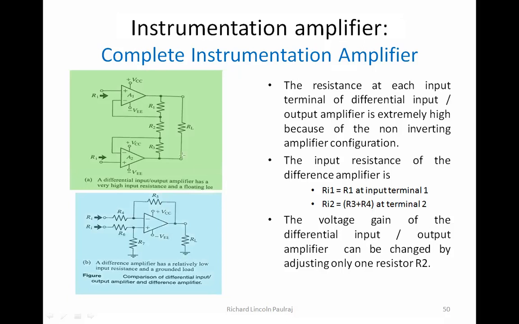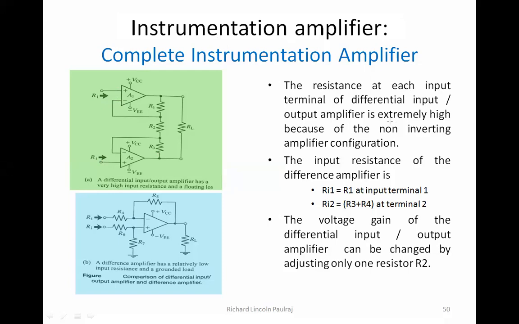I'm going to combine both of these circuits and make it a single, proper working amplifier. We can see that the resistance at each input terminal, which I can call Ri, when I see through the op-amp between the positive and negative terminals, is called Ri, and here also it's called Ri. So the resistances are very high, right?